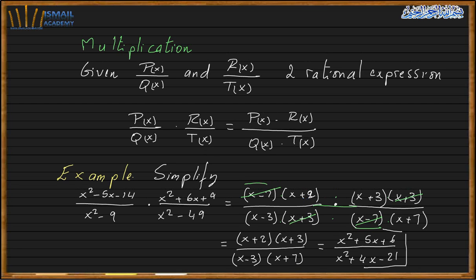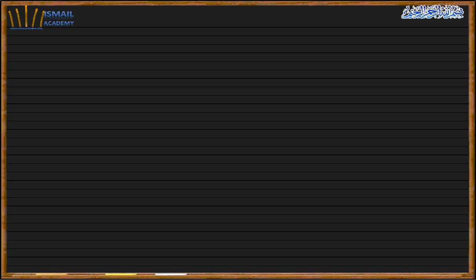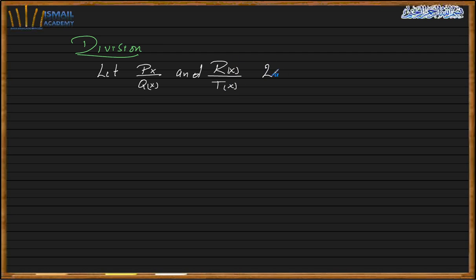Division is the same idea. Dividing rational expressions is the same way we divide rational numbers. So let p(x) over q(x) and r(x) over t(x) be two rational expressions.